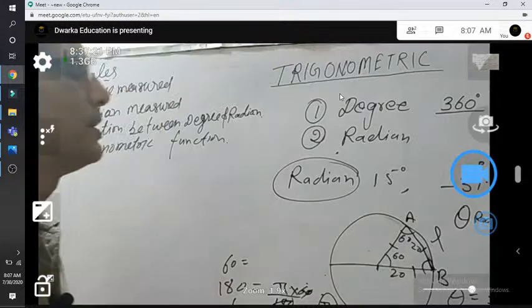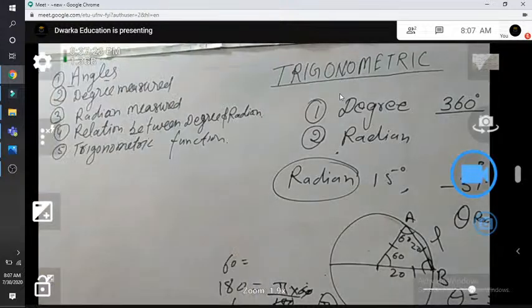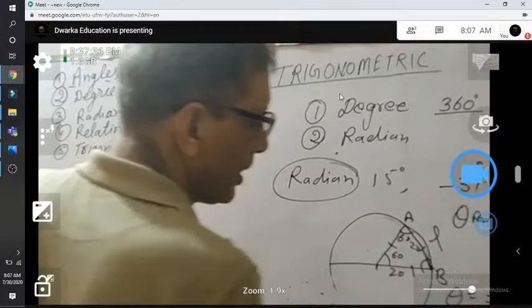This is the relation between the degree and radian in the circle. We can find out the degree or radian by calculating with the formula.